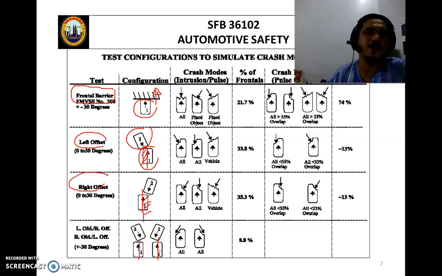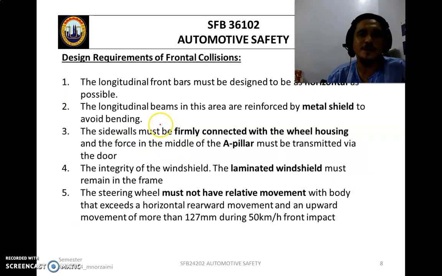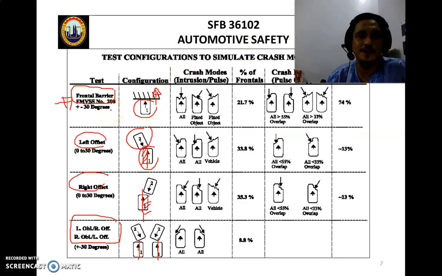So these are the 4 main categories of the frontal simulation test. But currently, the NCAP data collection just focuses on the frontal barrier. One of the issues is the cost. If we want to run all the tests, the cost of testing will increase.